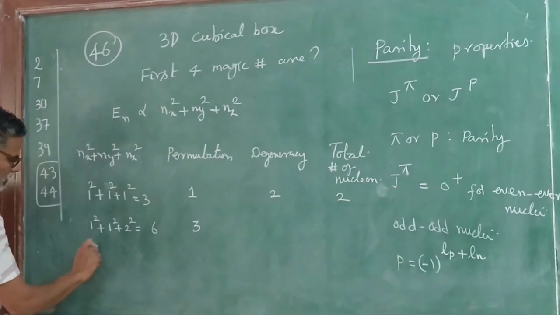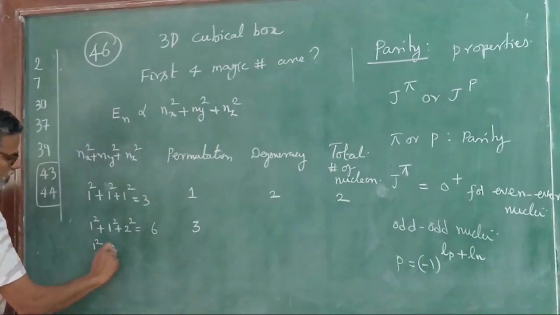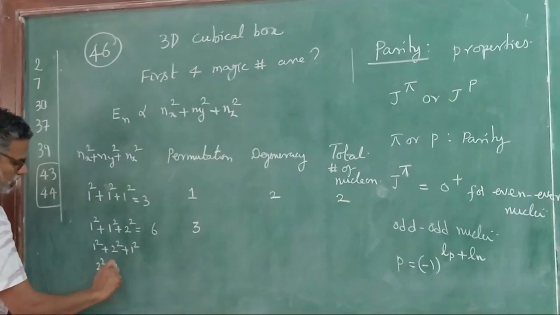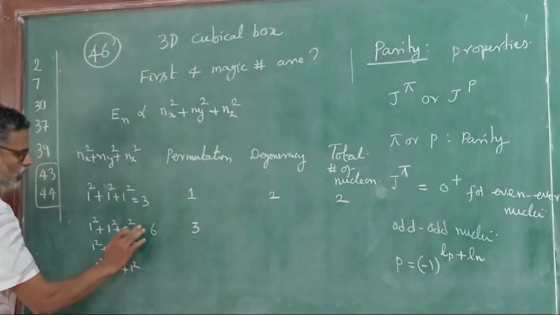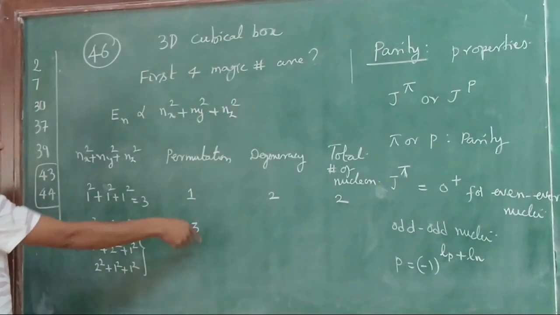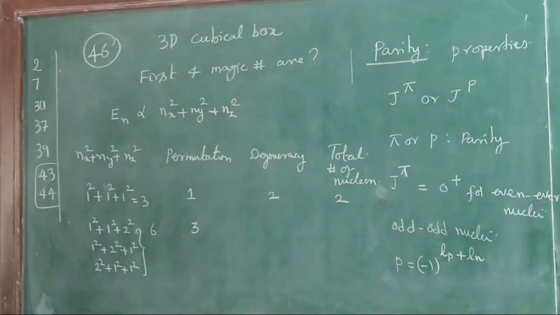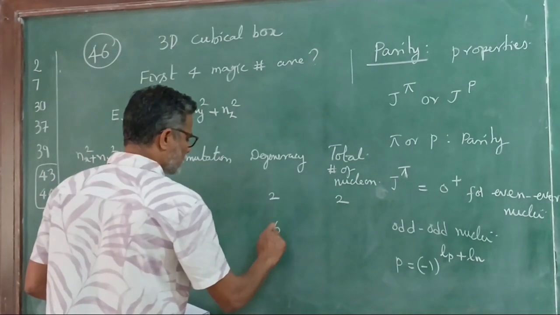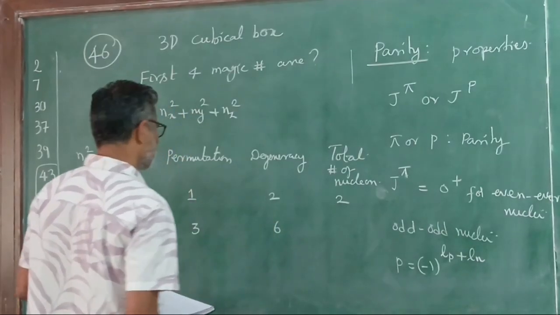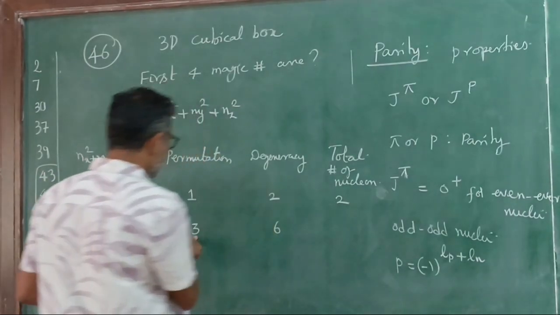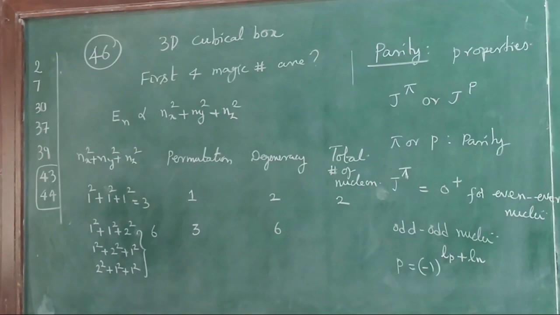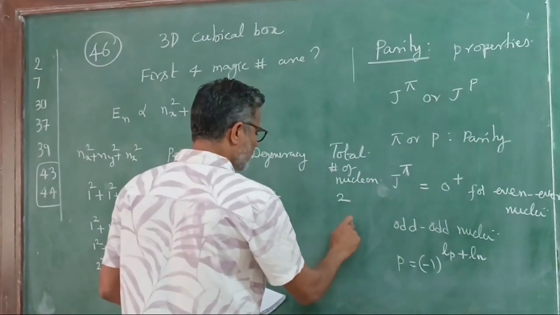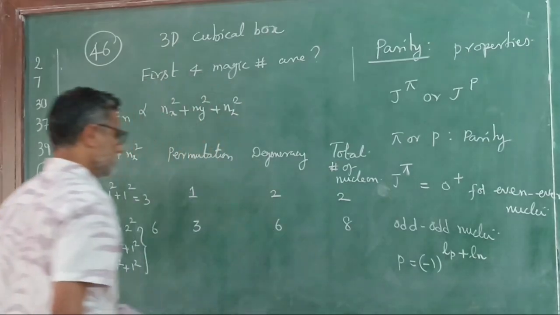The 3 combinations are 1 square plus 2 square plus 1 square, 2 square plus 1 square plus 1 square, and so on. All of them give 6, and those are the 3 different possibilities. Since each level can be occupied by 2 nucleons, the total number will be around 8.